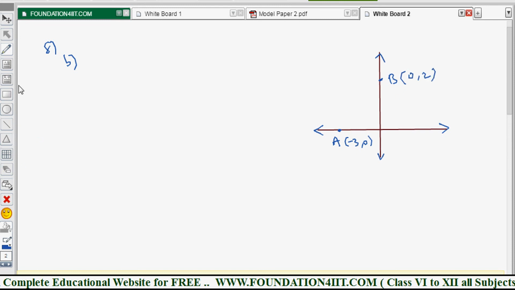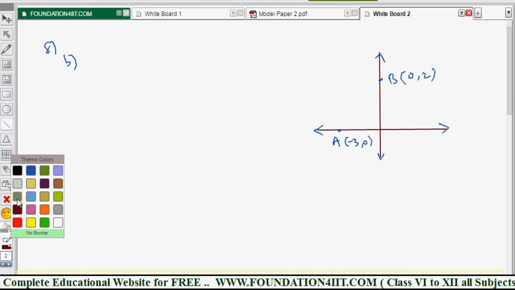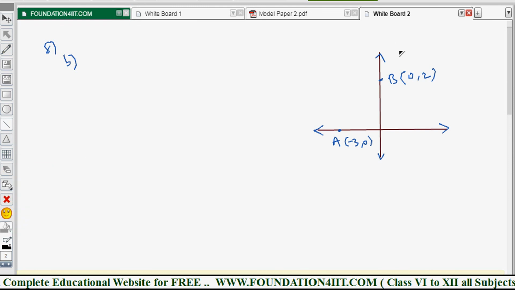We draw the line passing through these two points A and B. So your first question is the slope of AB.